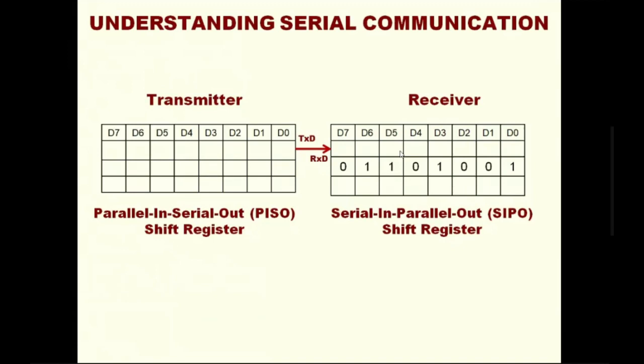Today we are talking about USB. In USB, you have a transmitter and a receiver. Definitely, the transmitter is a parallel-in serial-out shift register and the receiver is a serial-in parallel-out shift register. Whether it is Ethernet, Wi-Fi, or Bluetooth, all the transmitters are parallel-in serial-out shift registers and all the receivers are serial-in parallel-out shift registers, as we see right now.